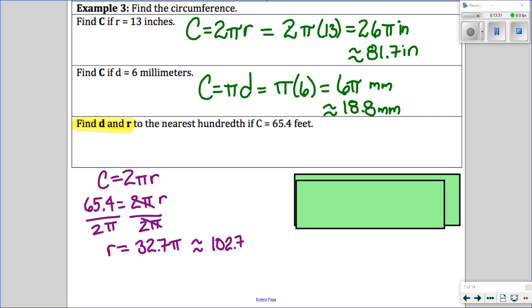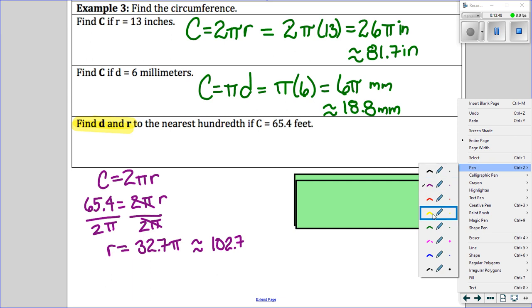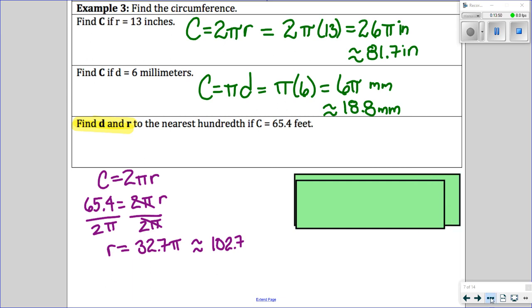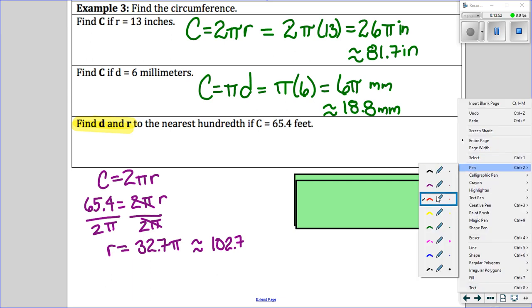All right, so now they want us to find d. You could use the formula c equals pi d to find d, but you have r, and we know that the diameter is equal to twice the radius. So I'm going to change to another color, red.